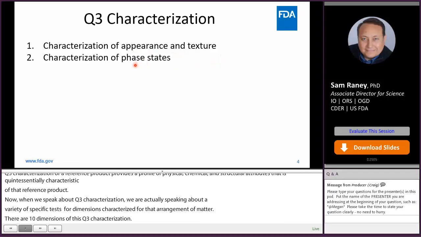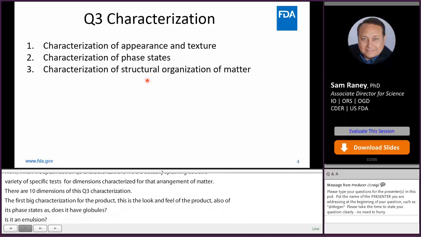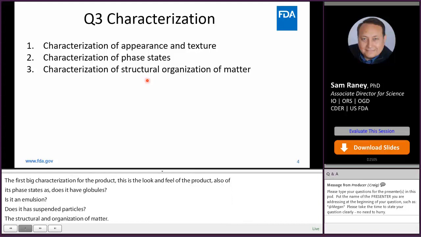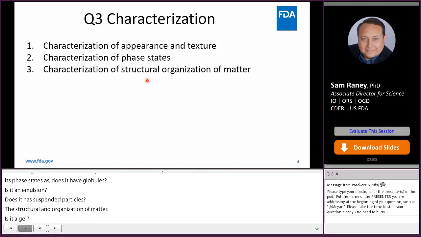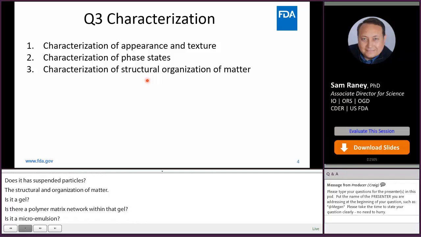Also of its phase states. Does it have globules? Is it an emulsion? Does it have suspended particles? And the structural organization of matter. If it's a gel, is there a polymer matrix network within that gel? Is it a microemulsion? What's going on within the system in terms of that structural interrelationship of the components of the formulation?